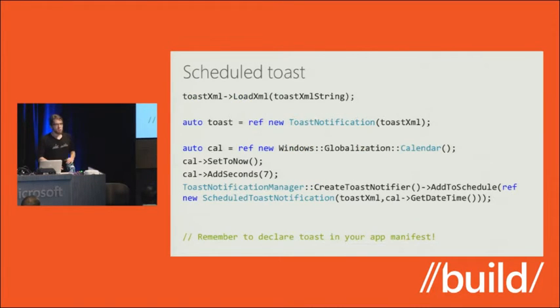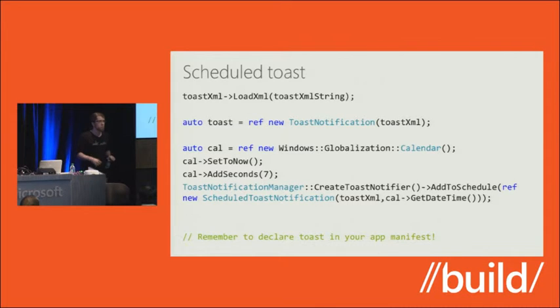But if you like your toast in the morning like I do, you can do that too. So you have this thing called scheduled toast notifications. And I'm illustrating this here. So say you have this great new in-app purchase, or say you're making an online game, for instance, and there's some big event that's going to happen at a certain time.